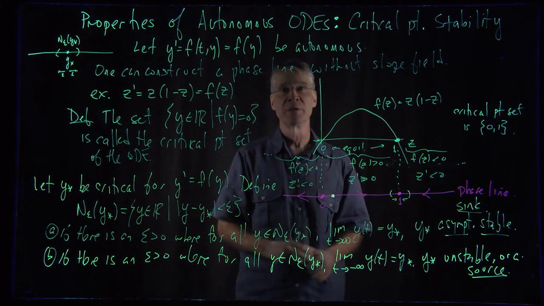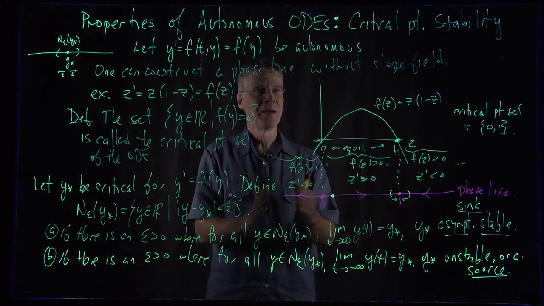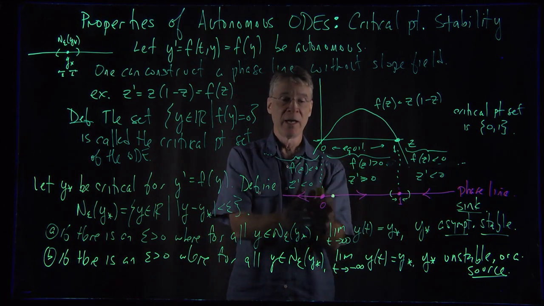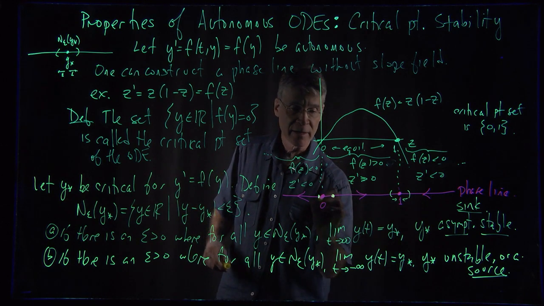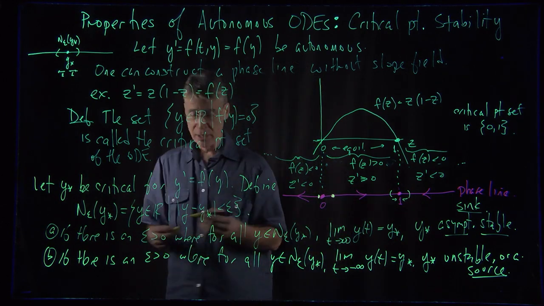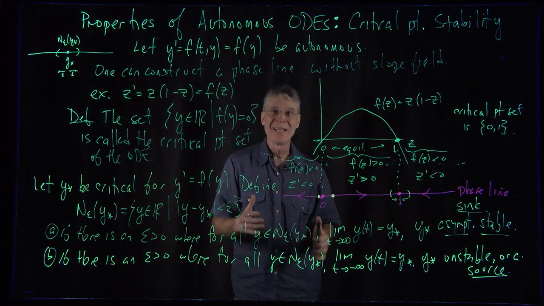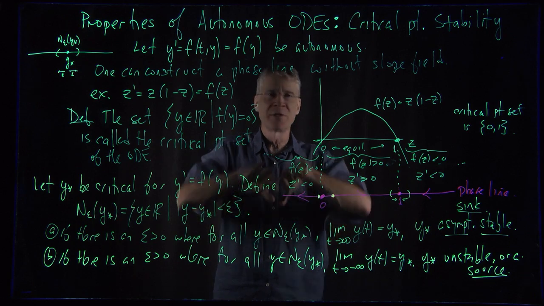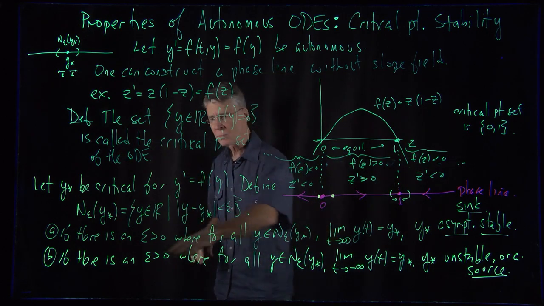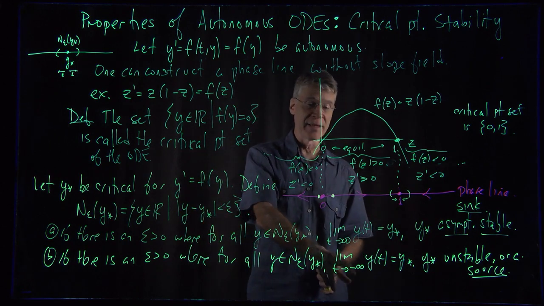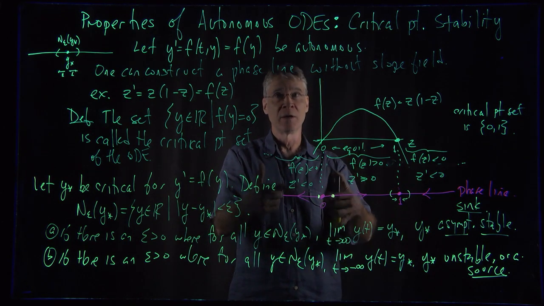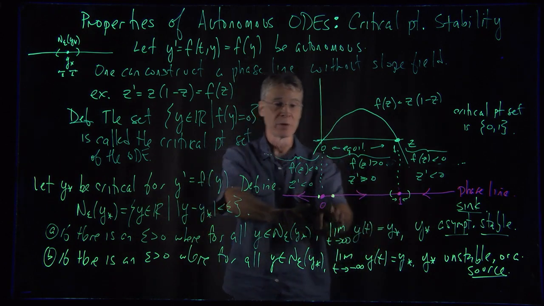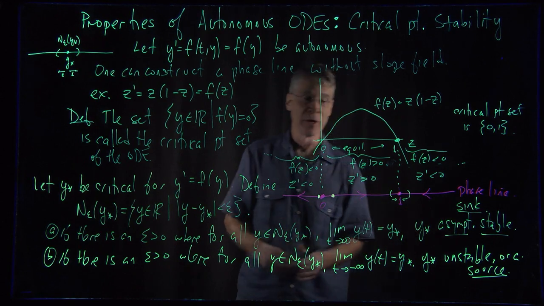In backwards time I'm moving towards 0, but in forwards time I'm moving away. That's the same as saying, if I start with the smallest negative value here, eventually I'll head out towards minus infinity. 0 is an unstable equilibrium because if I just barely miss 0, I won't stay near it. I'll go away forever. One way to characterize that is to say that if I go in backwards time, towards minus infinity, I will be heading towards 0. So an unstable equilibrium at 0, and an asymptotically stable one at 1.